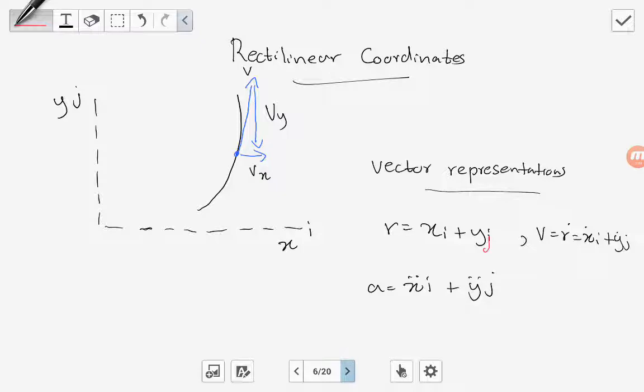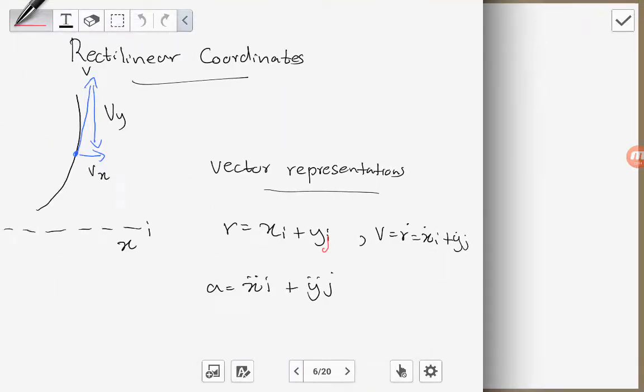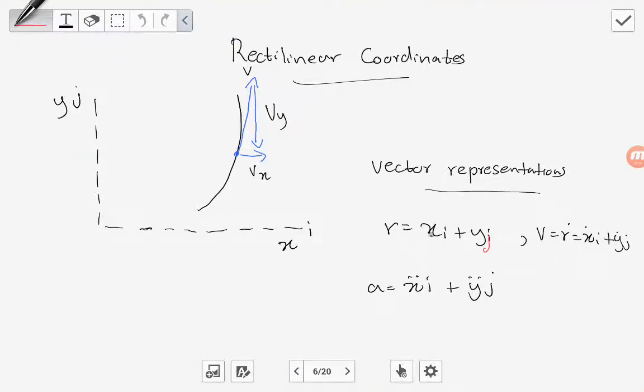And next, magnitude and directions, and finding the magnitude of a vector. So you need to find the magnitude of this. That means you're given an i value and a j value, but how do you find the real magnitude of it?